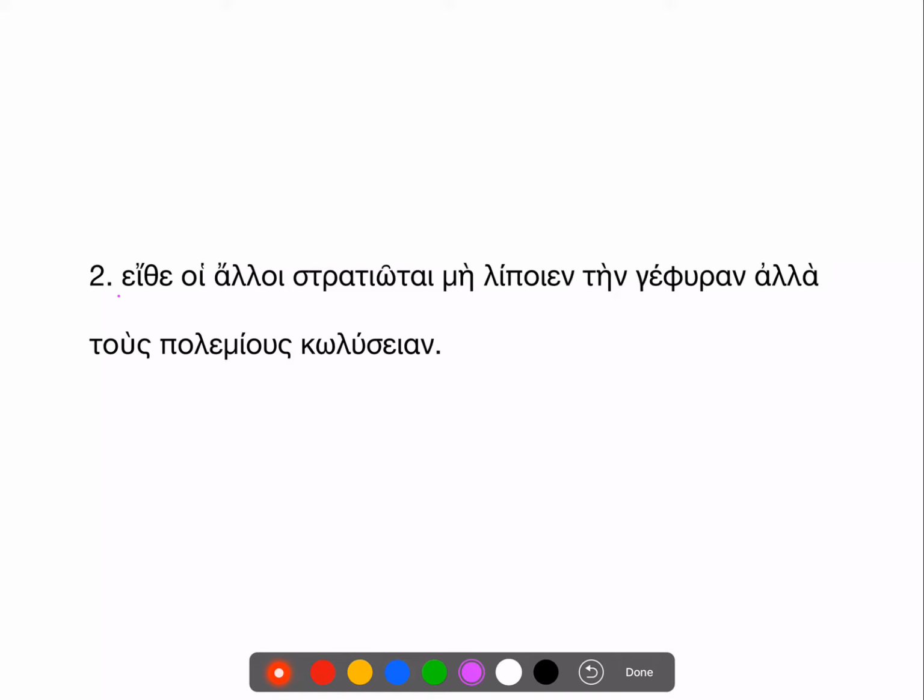Number 2. Let's see. Either hoi aloi stratiotai me lipoien ten gephoron ala tus polemius koluseion. So you got 2 verbs. We got our either, that's a sign that we have another potential optative coming, and lipoien and koluseion. Well, this is third person plural, aorist, optative, active.